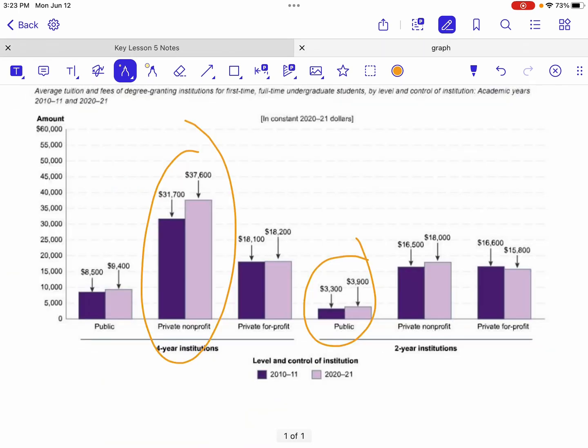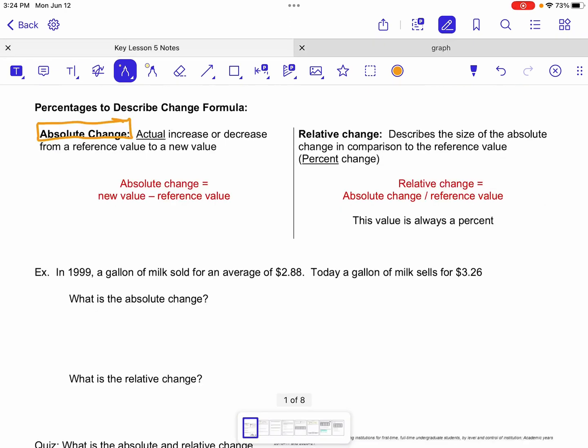If I go back to this graph and look at that public 2-year institution, if I just took the difference between 3,900 and the 3,300, that would be my absolute change. That would be how much the tuition increased at those 2-year institutions over that 10-year period. So it's the new value minus the reference value.